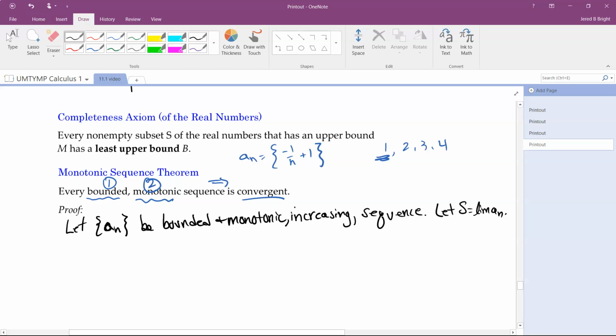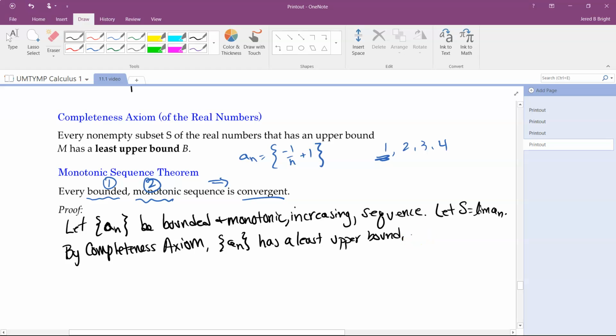Now, by the completeness axiom, a_n has a least upper bound, and we call it L.